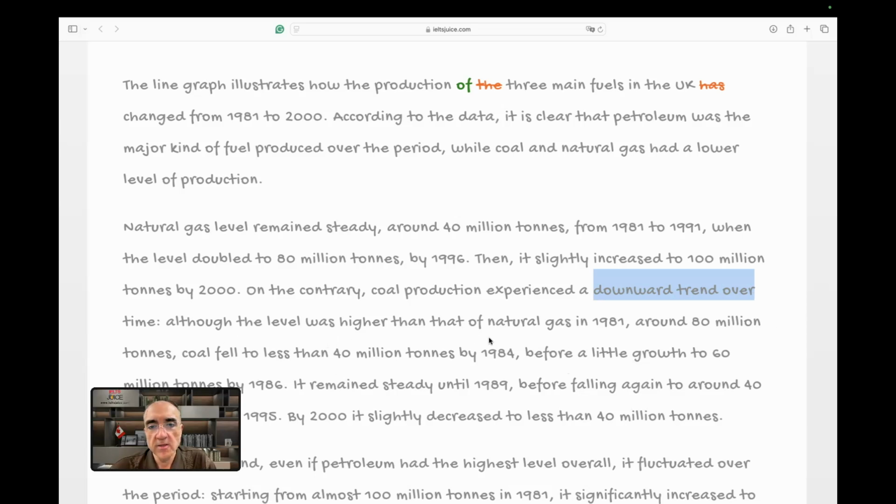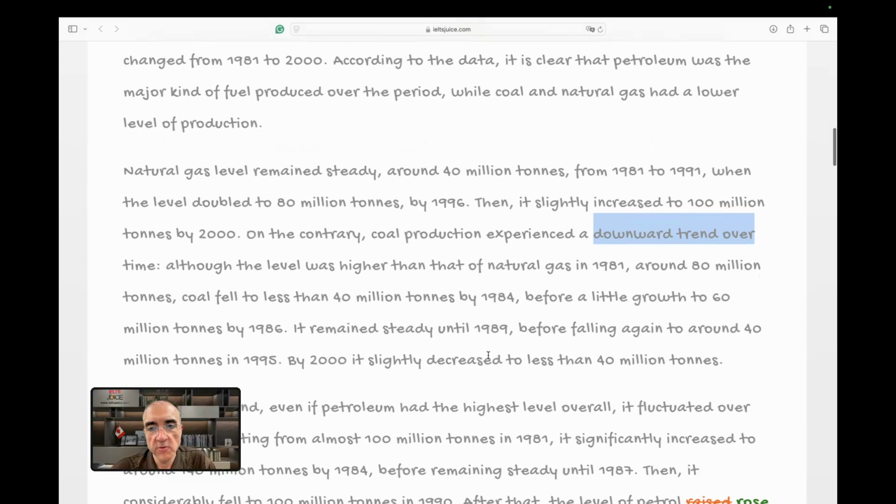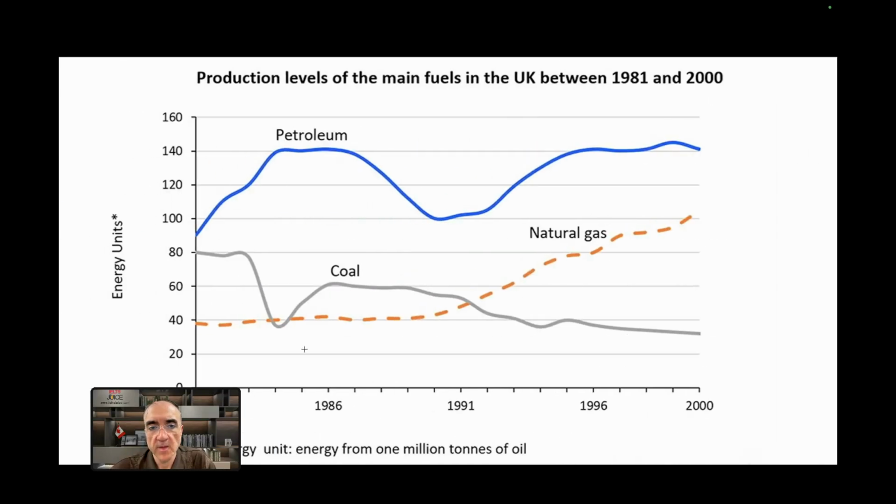Although the level was higher than that of natural gas in 1981, around 80 million tons, coal fell to less than 40 million tons by 1984 before a little growth. Instead of saying before a little growth, you can say it bounced back, or it recovered. It recovered almost half of the decline.